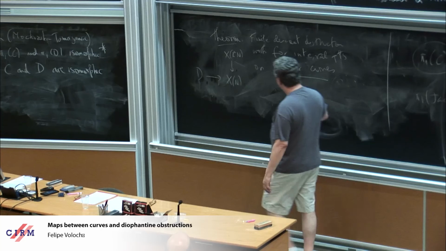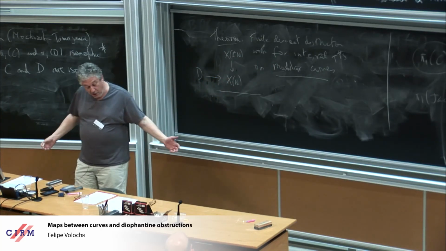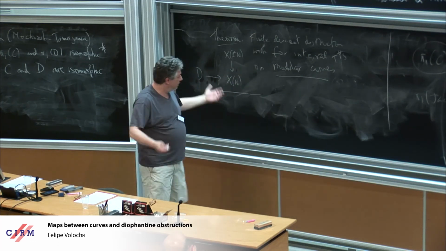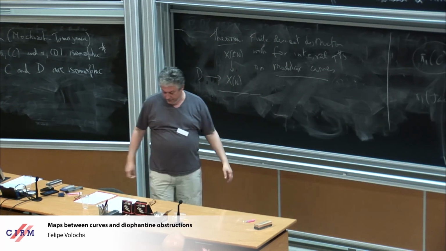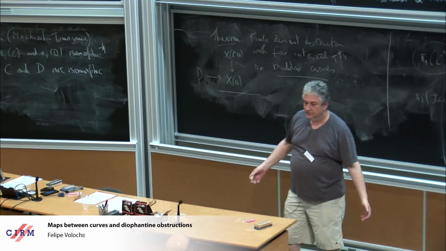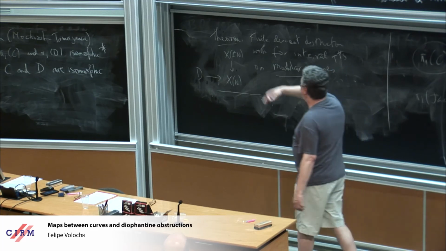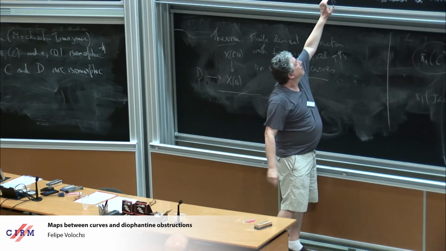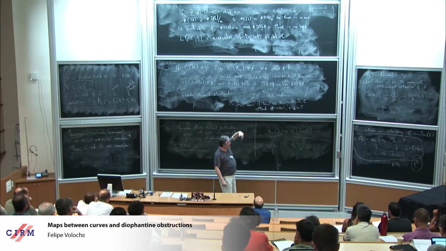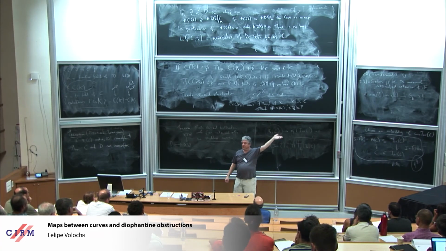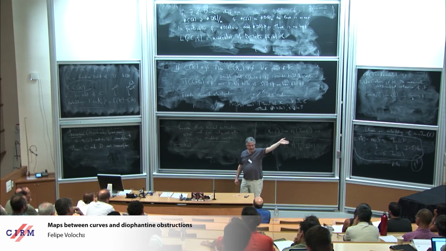So that suggests to me that maybe finite descent obstruction works. So if a curve survives, if all the covers of C admit a twist that has a point over K, so we have local points everywhere, then there is a global point.